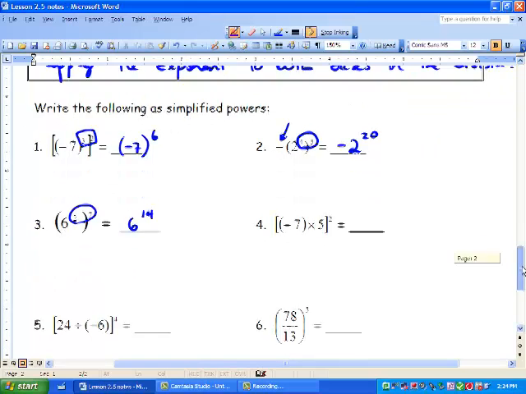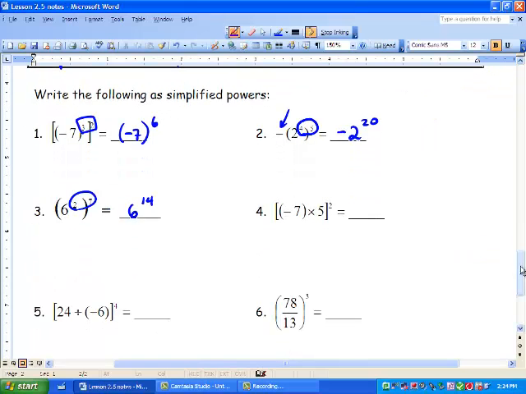Next, oh, look what we have here. We've got to do BEDMAS. All right. So we can either multiply what the brackets equal, or we can do them as power of a product. All right. So let's do power of a product. So we get negative 7 squared times 5 squared. That's the same thing. That's all I want, them simplified.